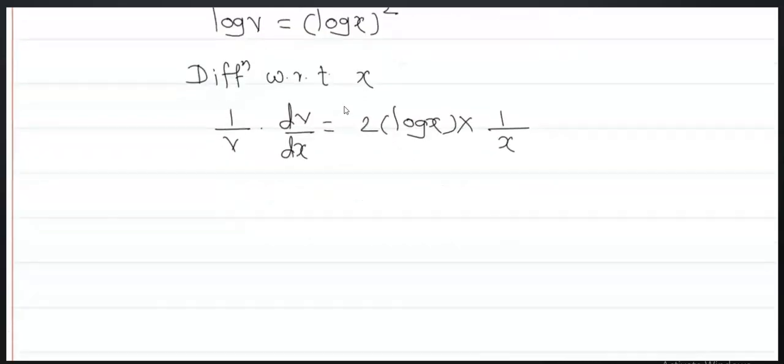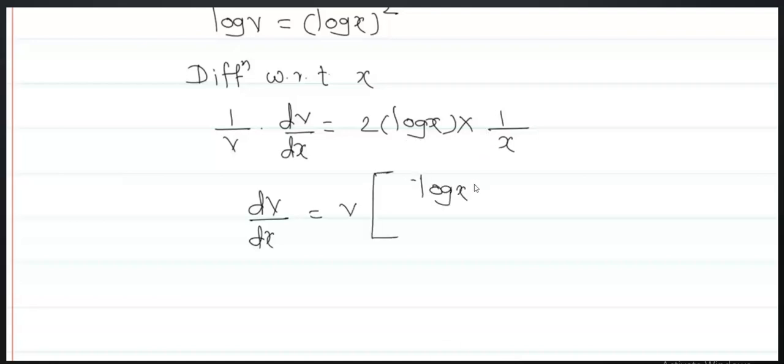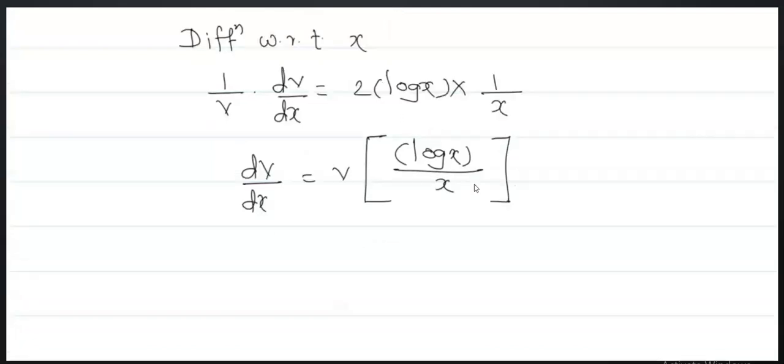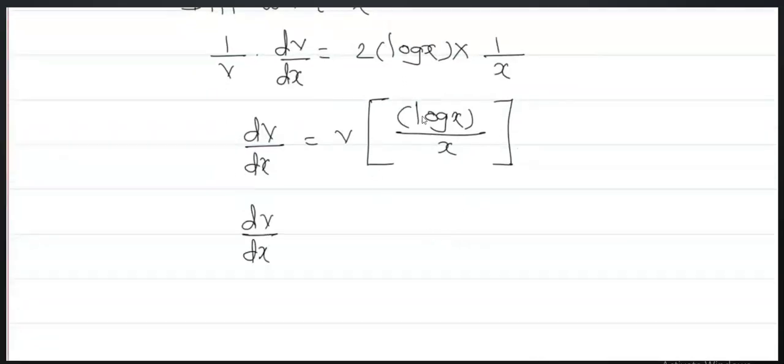Now what is the derivative of log of x squared? That is 2 times log of x into derivative of log of x, which is 1 upon x. Therefore dv by dx is equal to v into 2 log of x upon x.